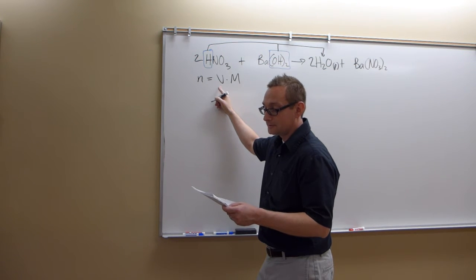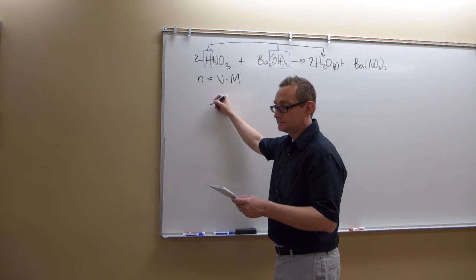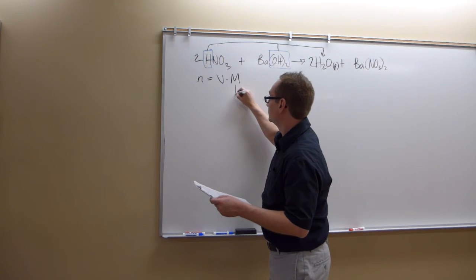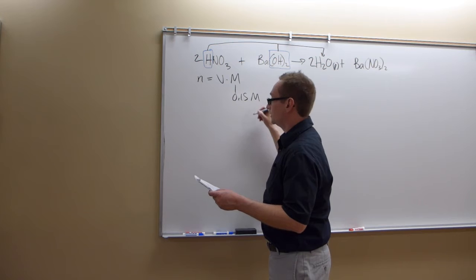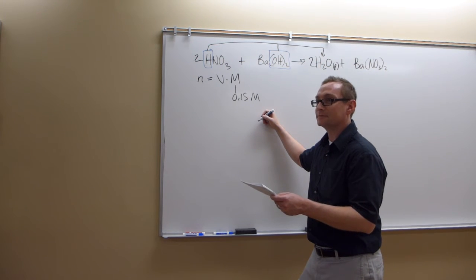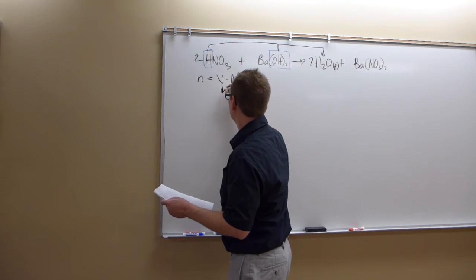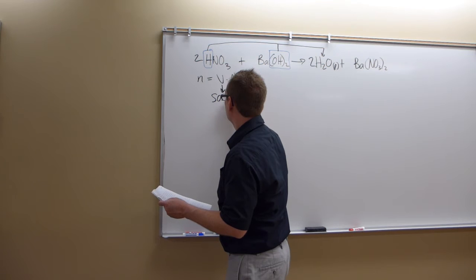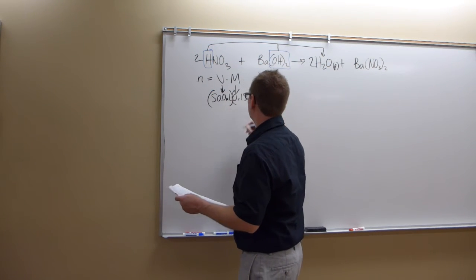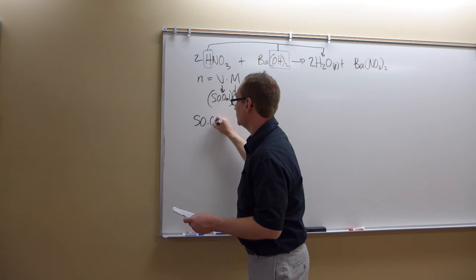Which volume do we use? Well, that 0.15 molar is specific to the nitric acid, which, if you read it, is specific to the 50, right? All right, so doing that, we get 50 mL.